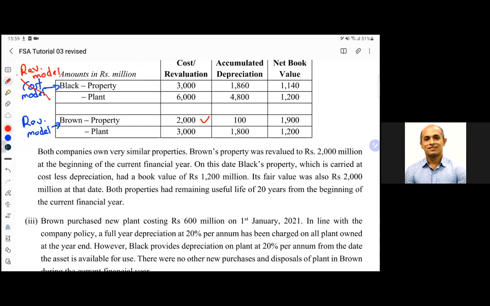Now what are the accounting adjustments? Black has currently recorded property, plant and equipment using the cost model. Now you bring that to the revaluation model. Think about the accounting adjustments.